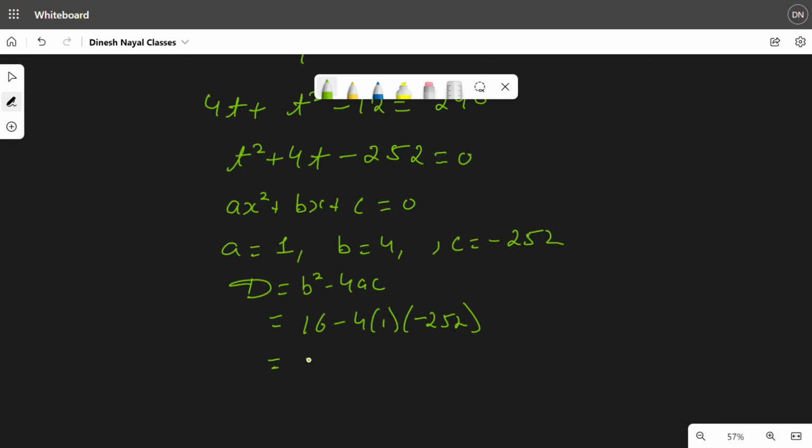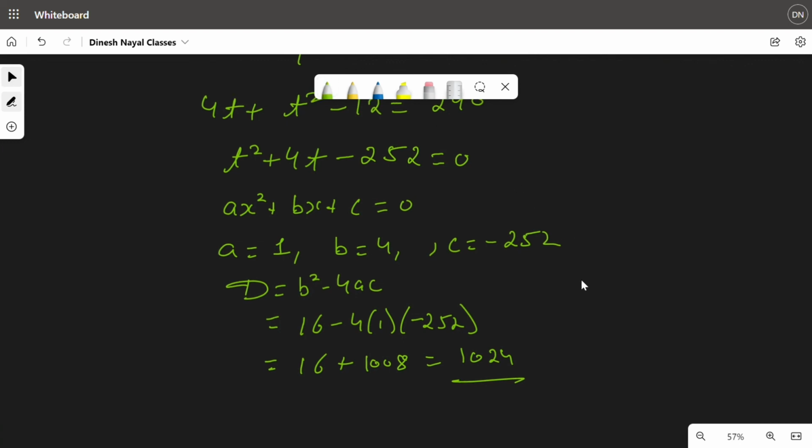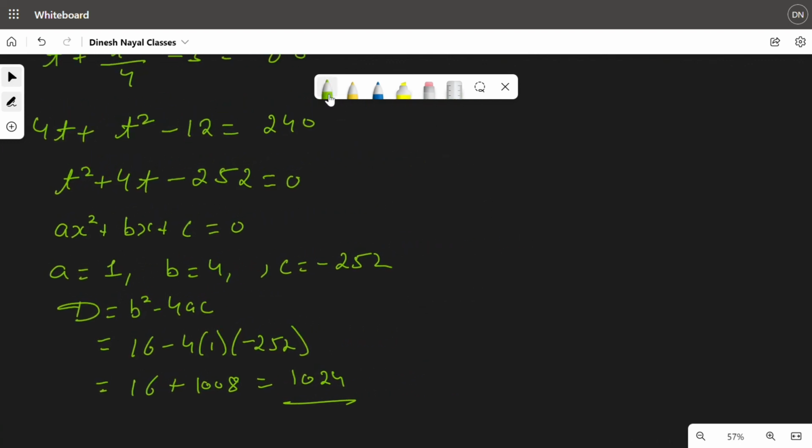Now see, minus minus will become plus, so this will be 16 plus 252 times 4. 252 times 4 will be 1008. So adding, 16 plus 1008 is 1024.